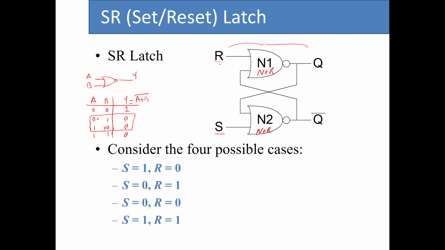Since we have only two inputs, we have 4 possible combinations. If I write the 4 possible combinations, we have R and S, Q and Q bar, and we have 0, 0, 0, 1, 1, 0, and 1, 1. And then we want to know the value for Q and Q bar for each one of these rows.